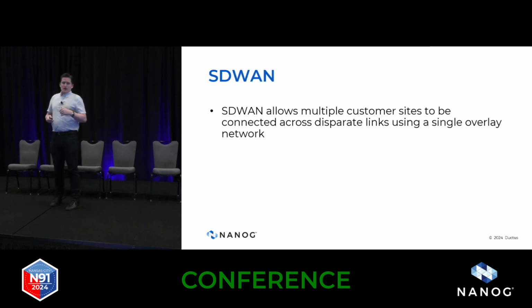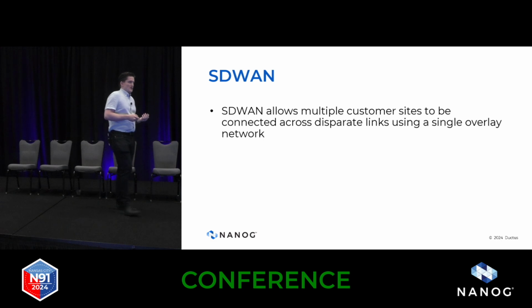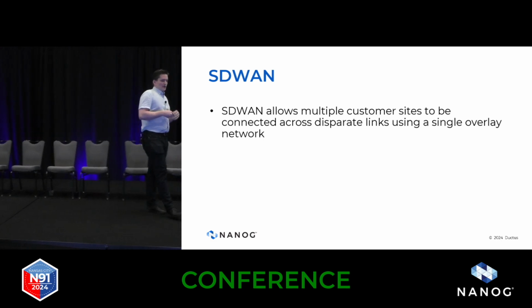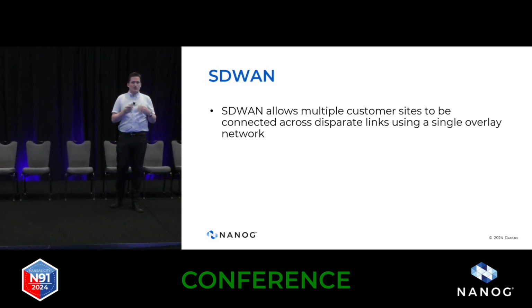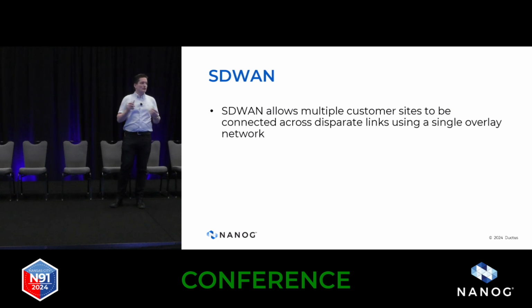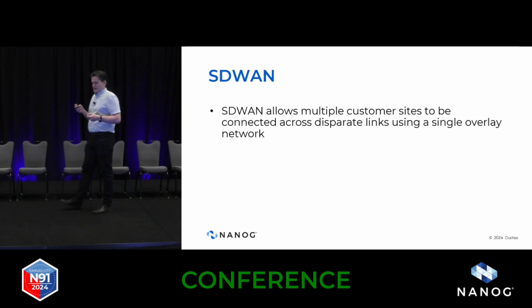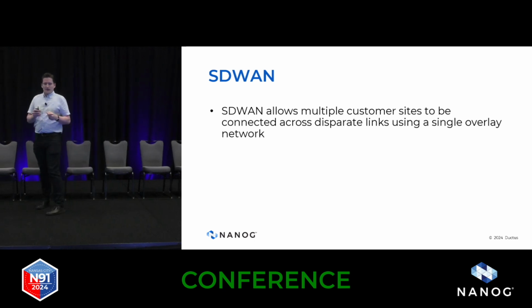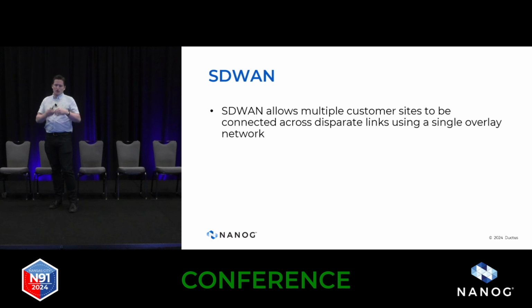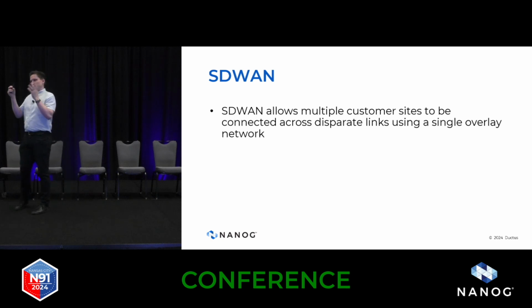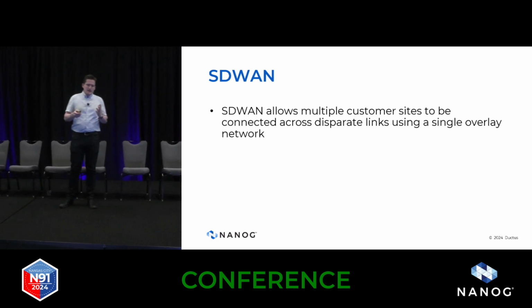Okay. So the next example I want to give is SD-WAN. SD-WAN is going to allow multiple customer sites to be connected across disparate links using a single overlay network. The network itself could be MPLS, could be WAN links, could be anything, right?